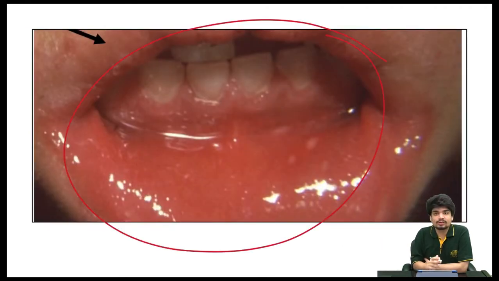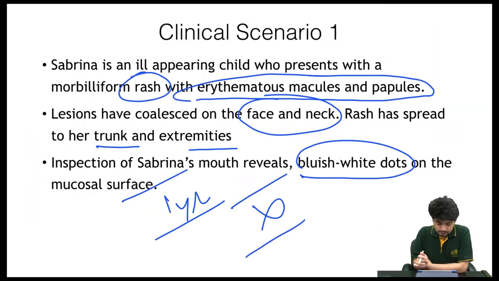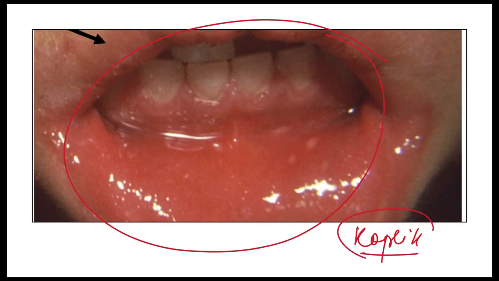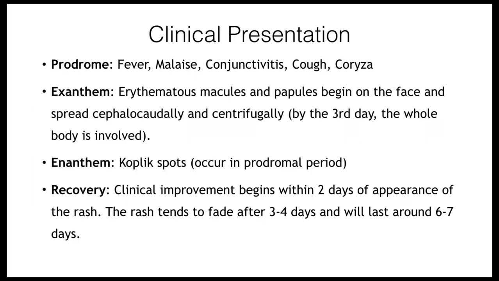This is the picture that I was describing, small bluish white dots that appear on the mucosal surface of the mouth, classically described for measles as Koplik spots. These tend to occur specifically above the second molar region, where they first appear and then spread through the entire oral mucosal surface.